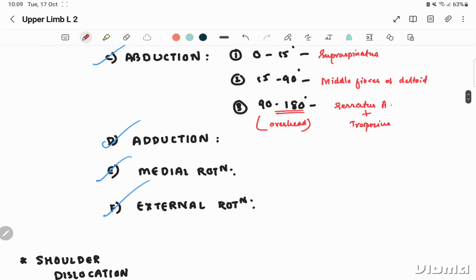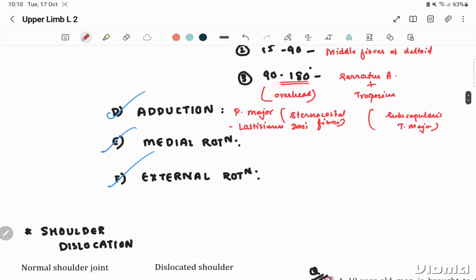Then we have adduction. In adduction also pectoralis major will help, but which part? The sternocostal fibers. And latissimus dorsi will also help. The helping muscles will be subscapularis and teres major. Then medial rotation.